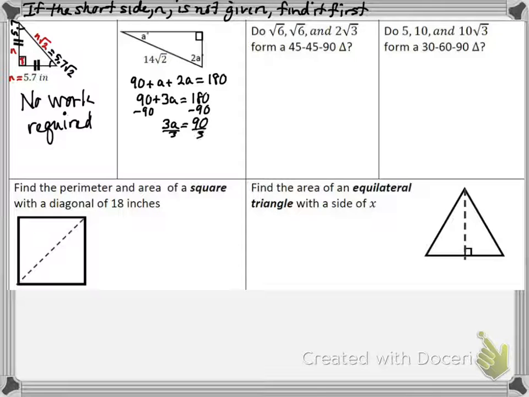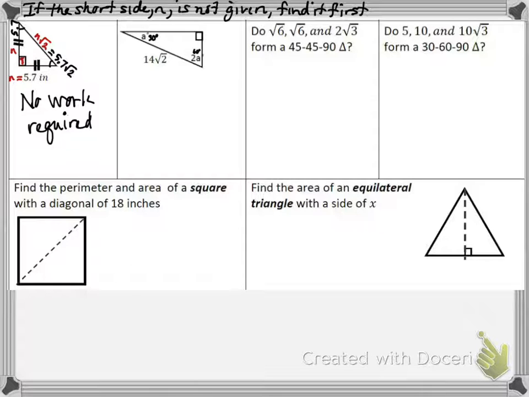Divide by 3, divide by 3. A equals 30. That tells me that this is a 30-degree angle, and this is 2 times 30, 60-degree angle. That just proves what I said up above, previous slide here, but it is not something you need to write down. We're going to work on how do we find the sides.